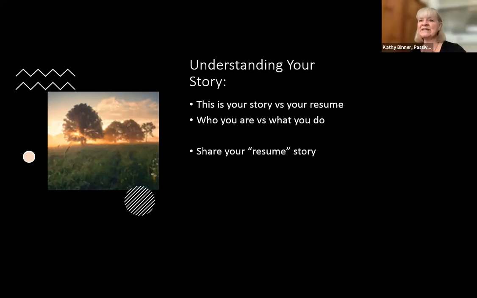Well, I like this particular slide because it says who you are versus what you do. One of the things I realized about myself throughout my story is that I have an uncanny knack of being able to reinvent myself. I'm not sure where that comes from. We are all such a conglomerate of everything that goes into us in our lives.